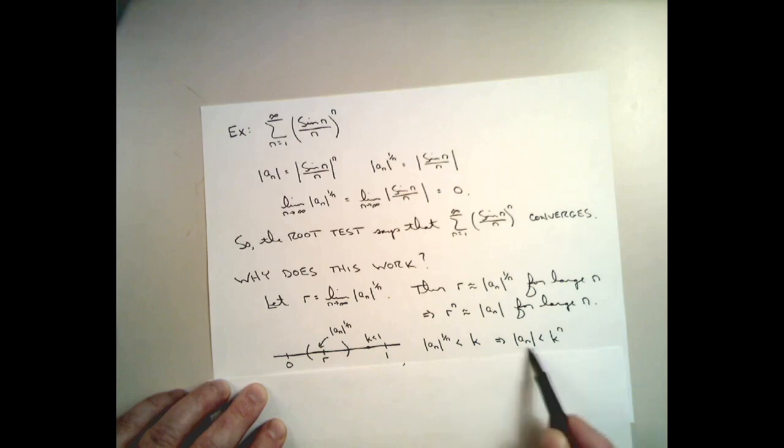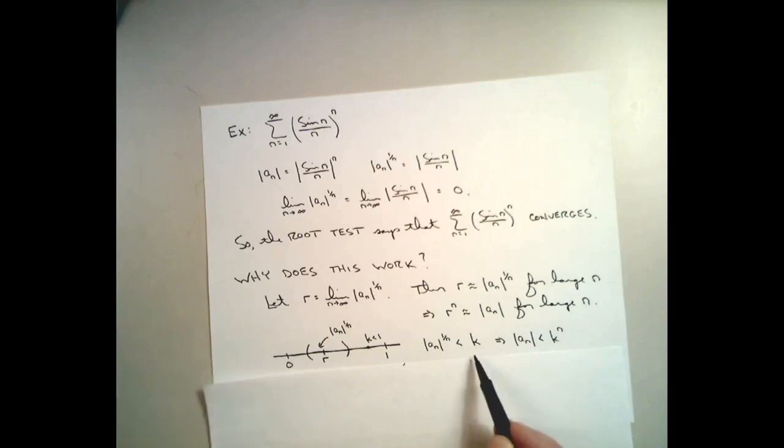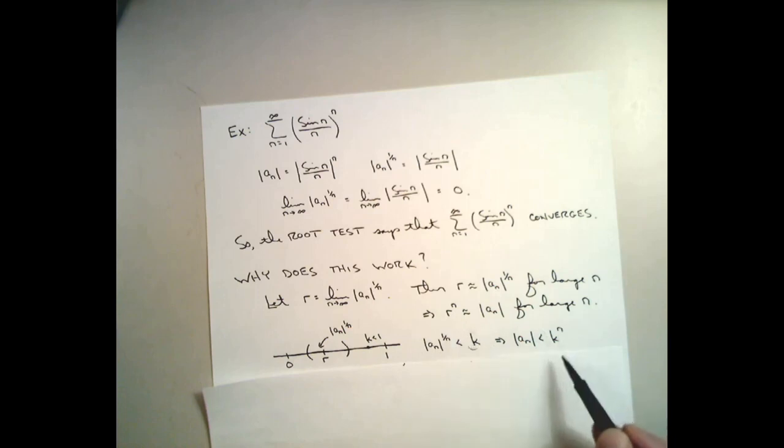So we have that the nth roots are less than this k, which means that the absolute values of the terms themselves must be less than k to the n. I just took the nth power of each of these numbers. Whenever I take the nth power of this, I just get a sub n. Take the nth power of this, I get k to the n.